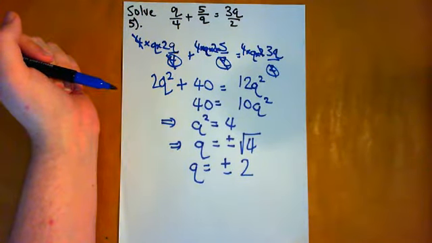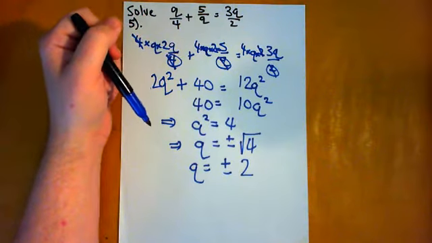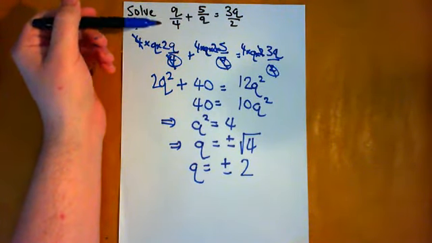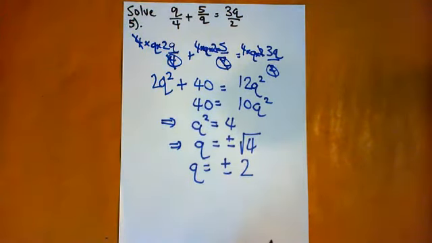Let's do the same for negative 2 as well. So we've got negative 2 divided by 4. That would give you negative a half, plus 5 divided by negative 2. That gives you negative 2.5. So minus half plus negative 2.5 is negative 3.